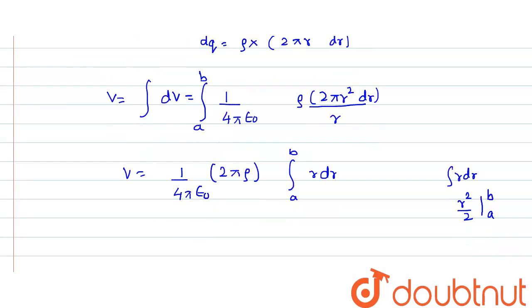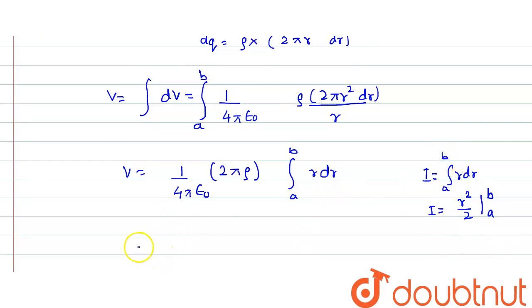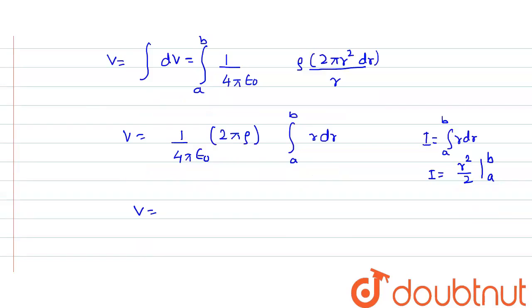We use this integration with the limit from a to b. So our potential would look like 2 pi rho divided by 4 pi epsilon, times r square divided by 2.